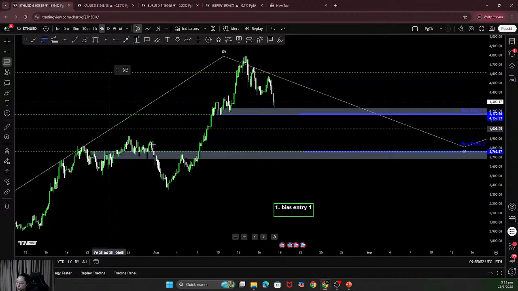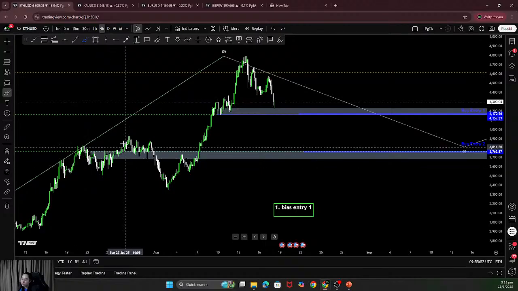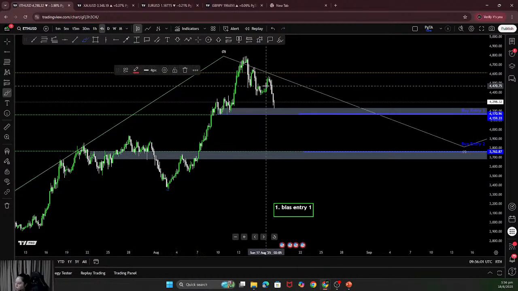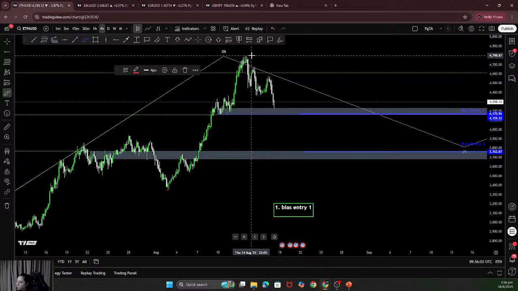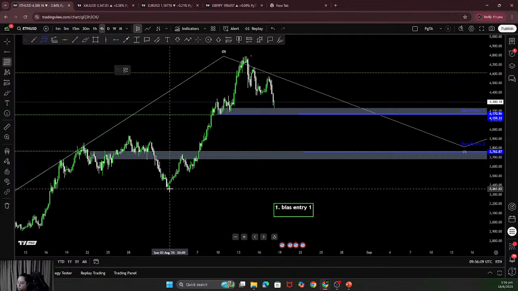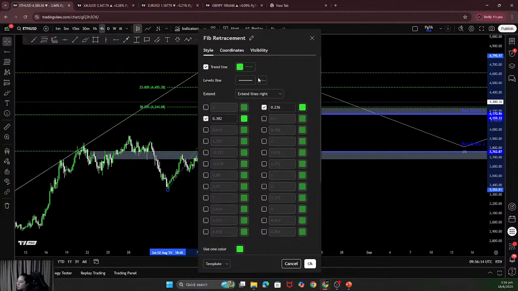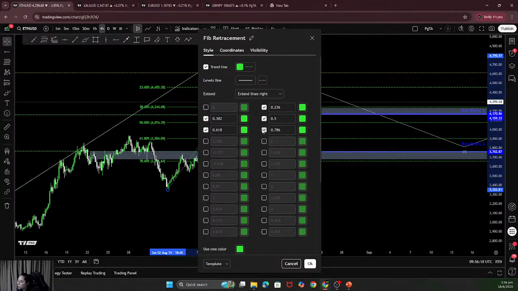I'm going to take this swing low here, which is different from the swing low I took just now, and see if there are any levels that come out. The levels that I want to see: I've got 50%, 68, 78.2.